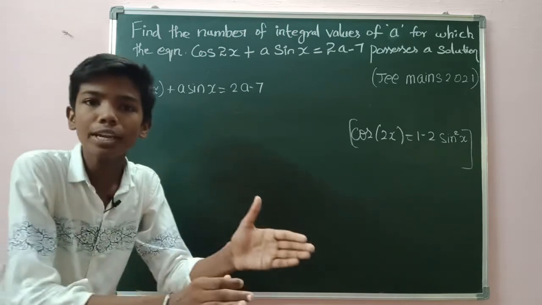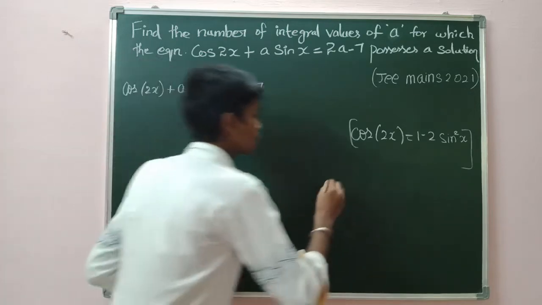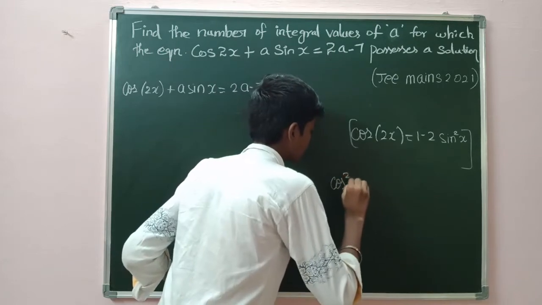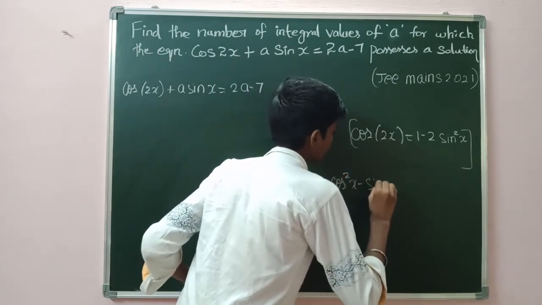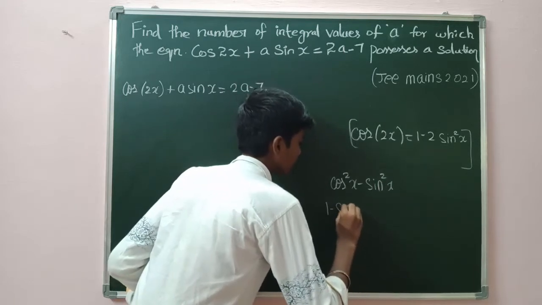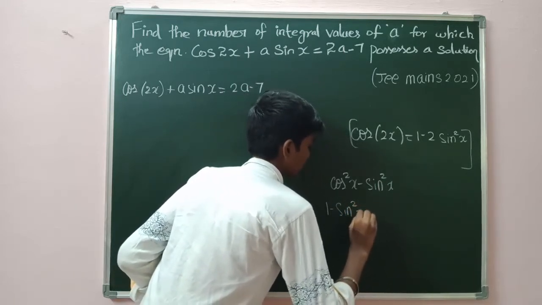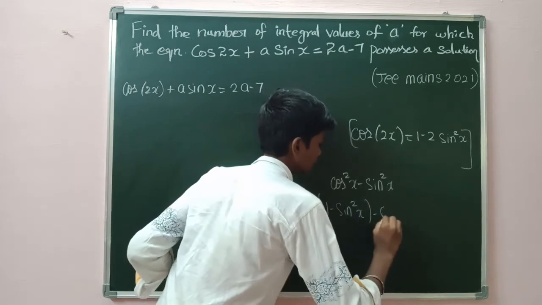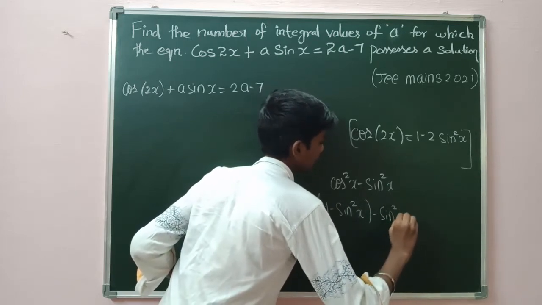Now, in that cos² x - sin² x, I can write cos² x as 1 - sin² x, then minus sin² x. Can't I write like this?